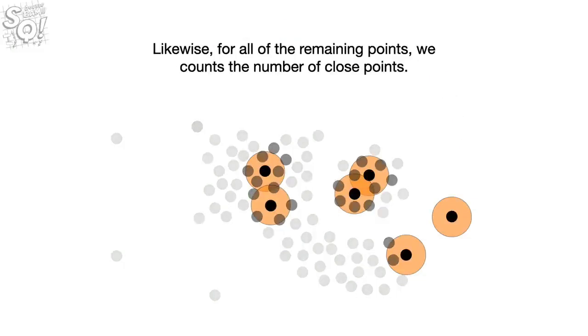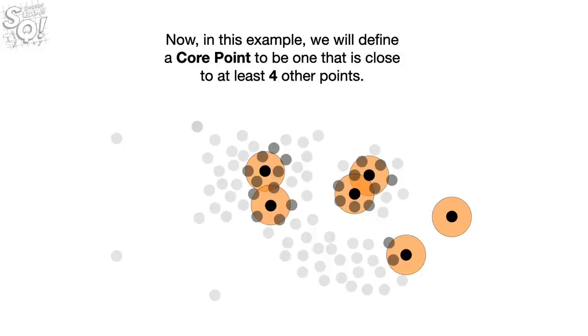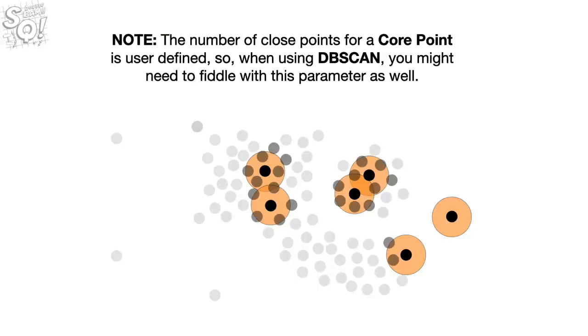Likewise, for all the remaining points, we count the number of close points. Now, in this example, we will define a core point to be one that is close to at least 4 other points. Note, the number of close points for a core point is user-defined, so, when using DBSCAN, you might need to fiddle with this parameter as well.